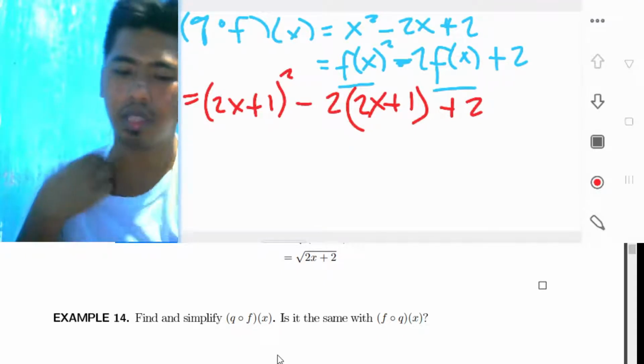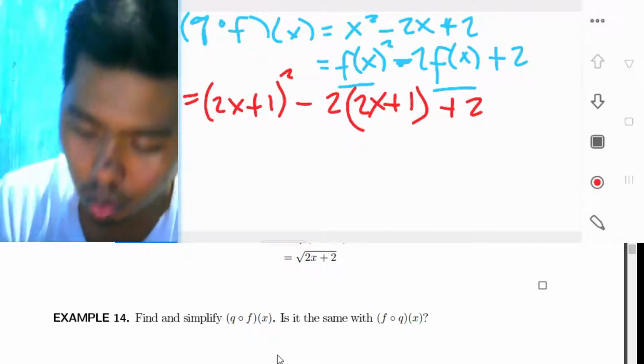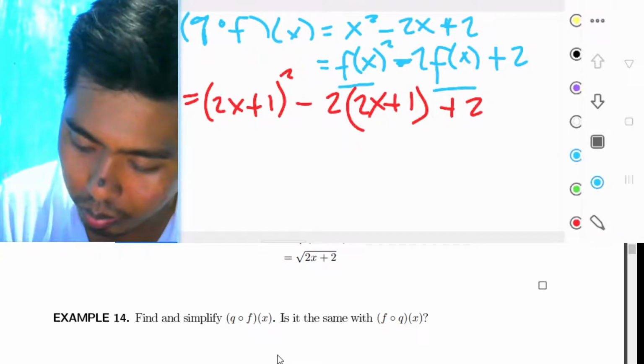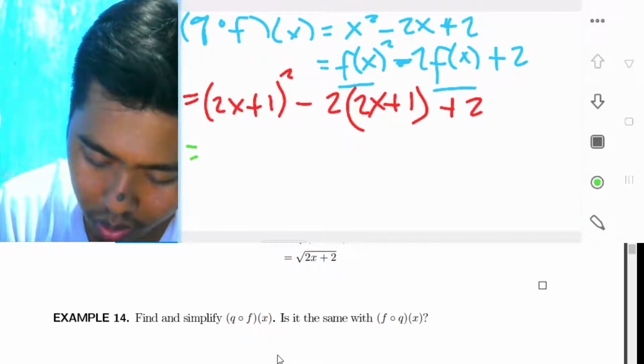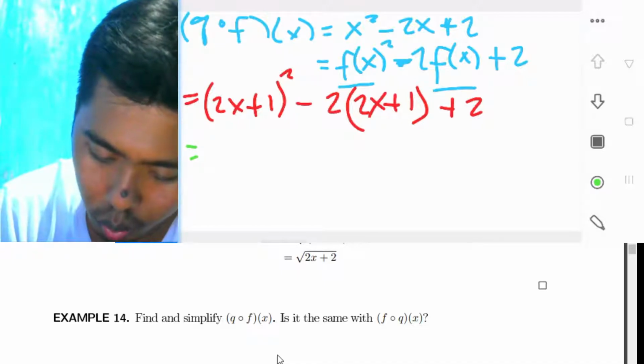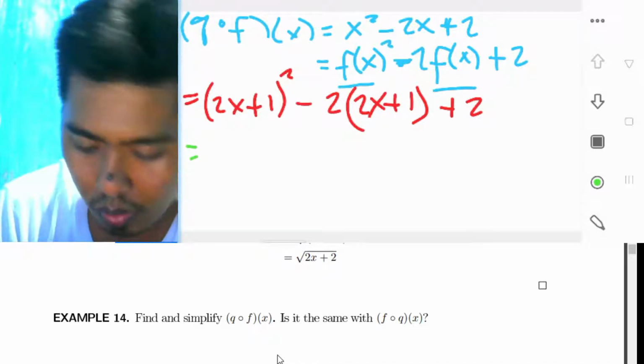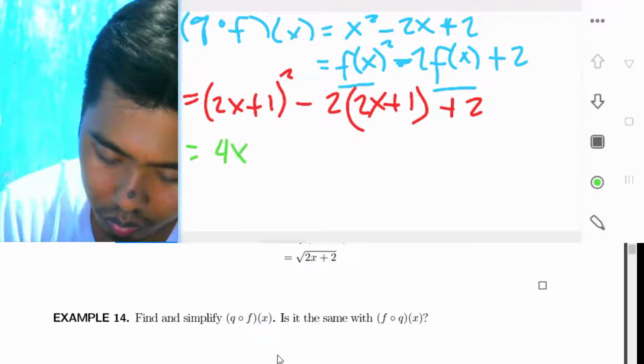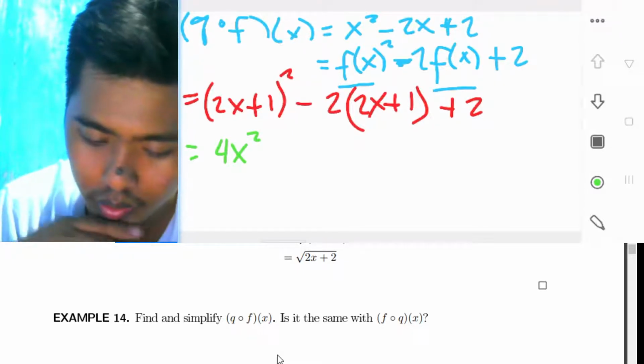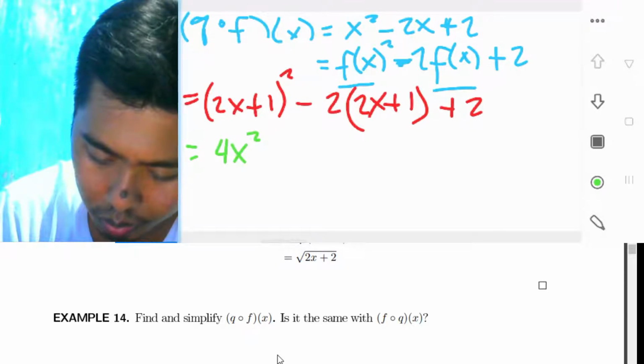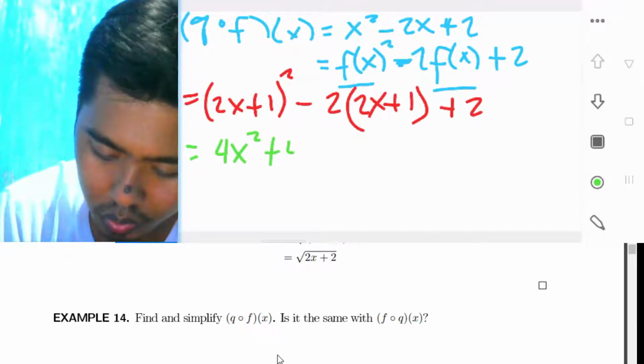Then simplify. This would become 2x squared, which is 4x squared. Then 4x times 1, that is 4x.